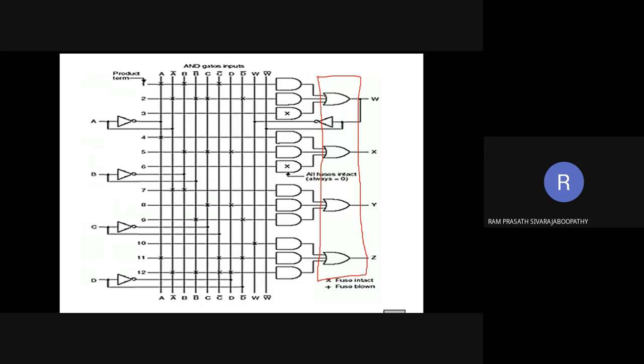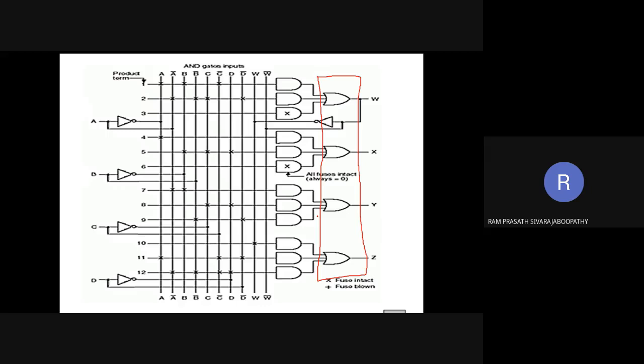How many inputs are there for each OR gate? Kindly observe and tell me. We are having 4 OR gates in the array. How many inputs does each OR gate have? Kindly type it in the chat. Yes, very good. Each OR gate has 3 inputs.